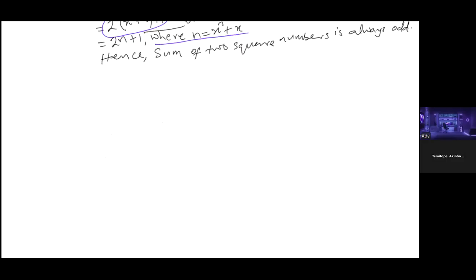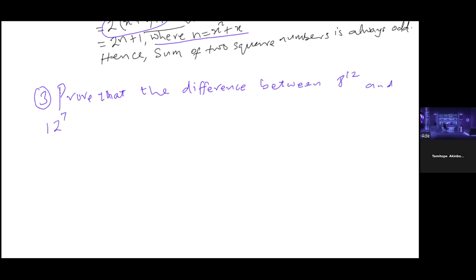This one says, prove that the difference between 8 raised to power 12 and 12 raised to power 7 is a multiple of 4.